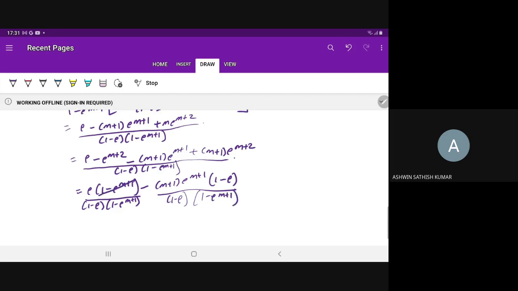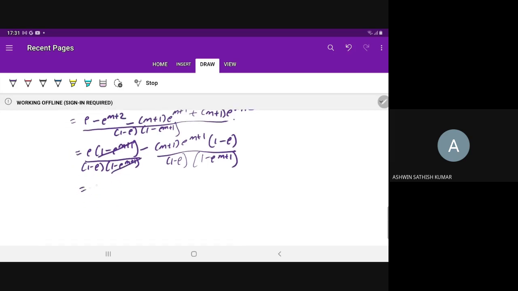So 1 minus rho to power m plus 1 cancels out, and here we have rho upon 1 minus rho minus 1 minus rho and 1 minus rho. If you cancel out, here we have m plus 1 rho to power m plus 1 upon 1 minus rho to power m plus 1. So this is the L, right?